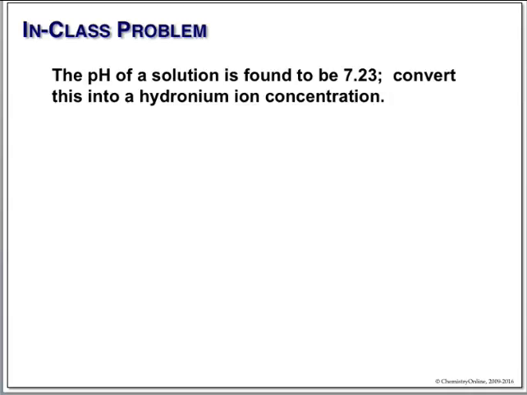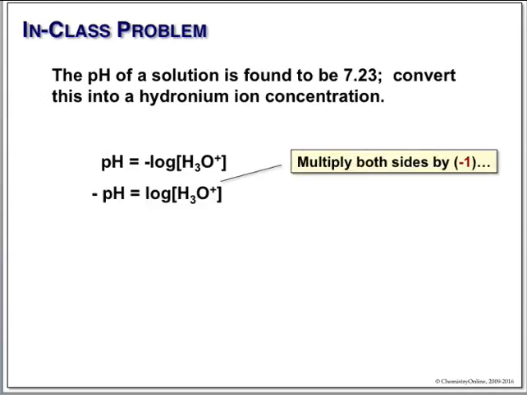Step 1, remember, pH is simply the negative log of hydronium ion concentration. Okay, that's our definition. Step 2, let's get rid of that negative sign. We'll do minus pH and simply have log hydronium. All we've done is multiply both sides by minus 1.